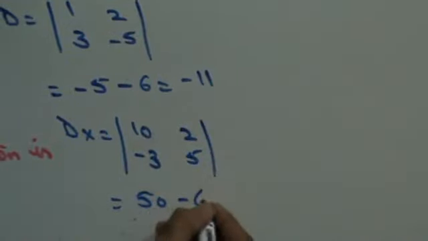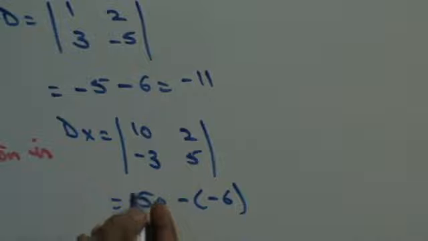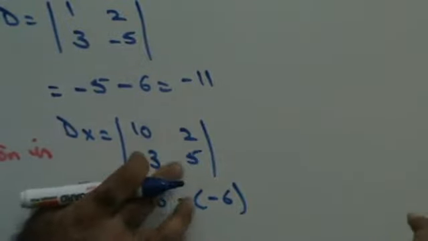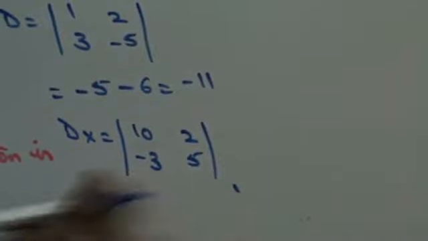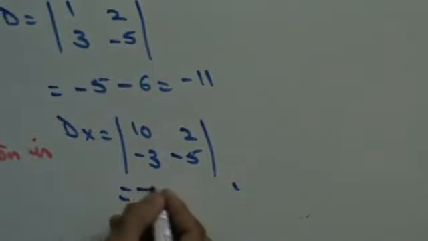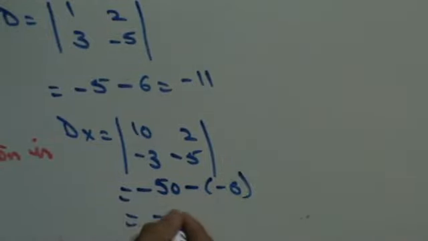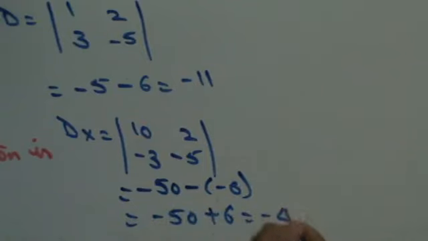This is minus 50 minus minus 6, so minus 50 plus 6, that's minus 44.